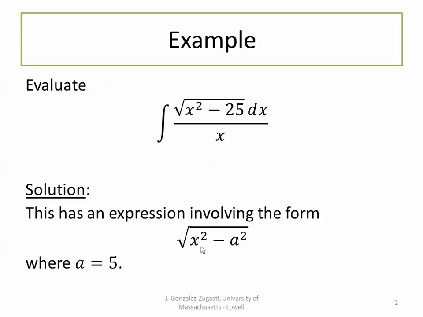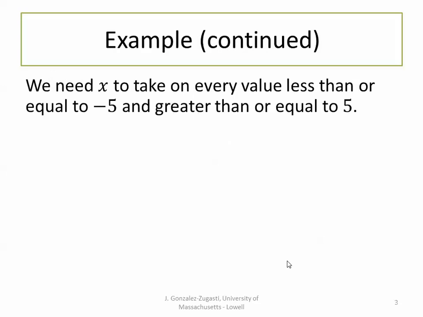And this time, when we consider the values that x can be, well, x squared has to be greater than a squared. So that means my values for x either have to be greater than or equal to a, or less than or equal to negative a. So how can we make a substitution that will take care of that?